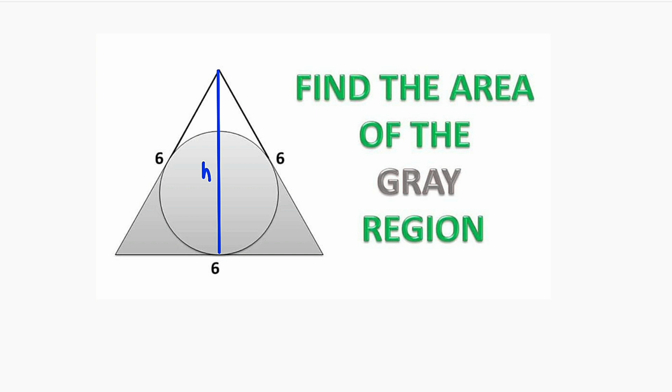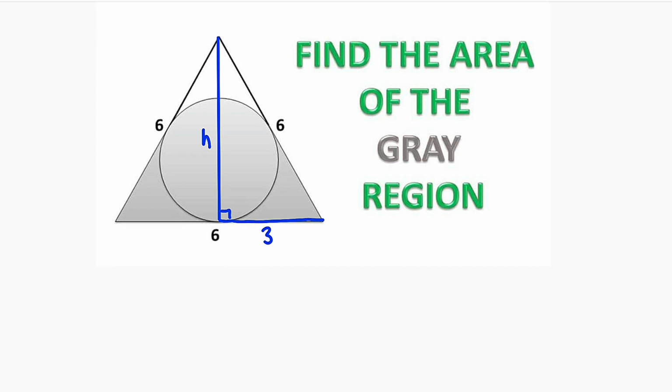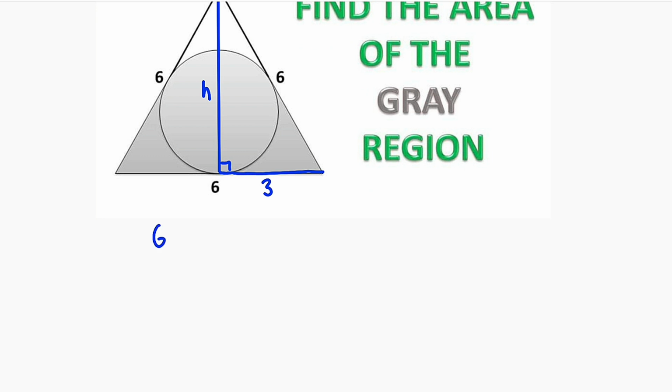And you know that this height will divide the triangle into 2 equal parts, forming a right angle triangle. And the base of this right angle triangle will be 3 units because the base of the entire triangle is 6. So now let us concentrate on this triangle here. This is a right angle triangle. We can find the height by applying Pythagoras theorem. The hypotenuse squared is equal to the other 2 sides, h squared plus 3 squared.